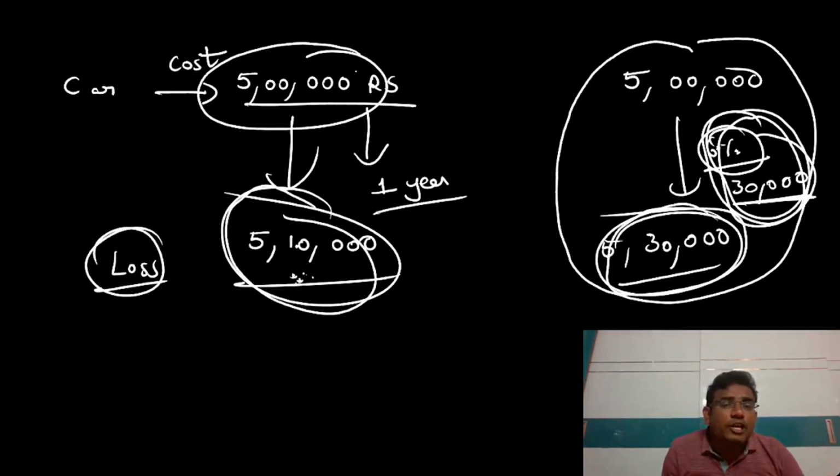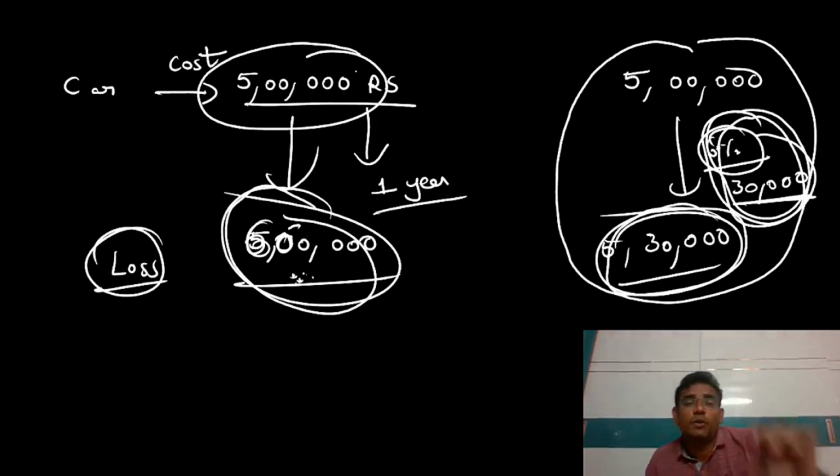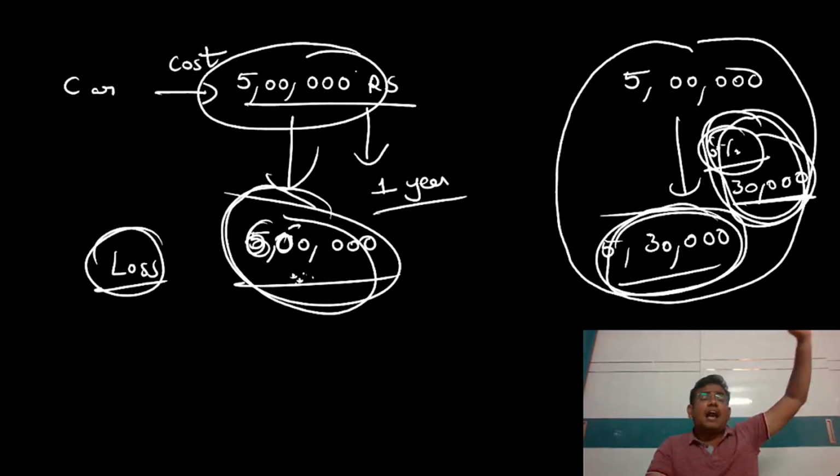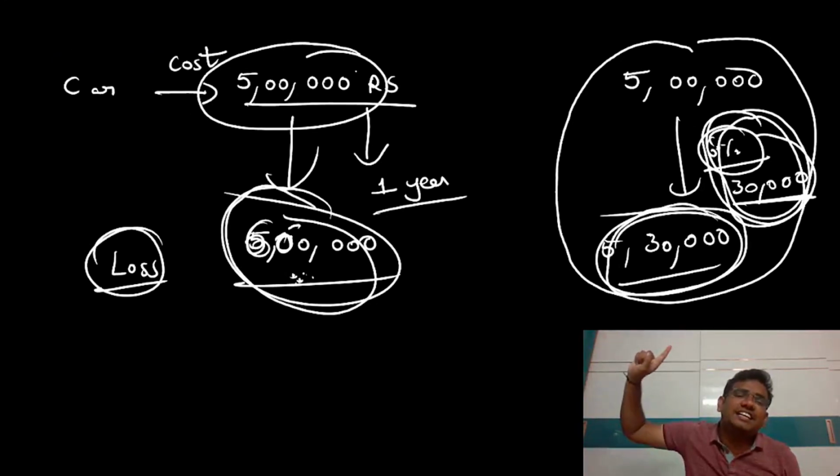Let us say you sold the car for 6 lakhs. Now see, for the manufacturing you spent 5 lakhs and you are selling in the market for 6 lakhs. You took 1 year for manufacturing and the bank is giving 6% interest rate.